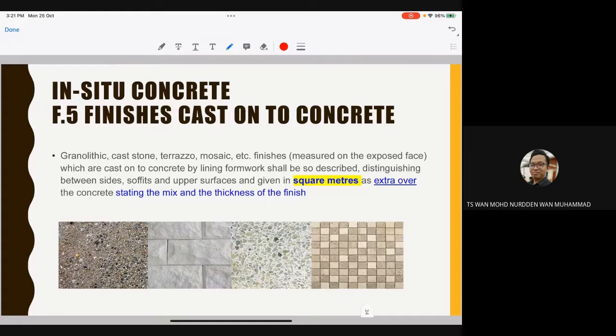Okay, F.5. Okay, finishes cast onto concrete.